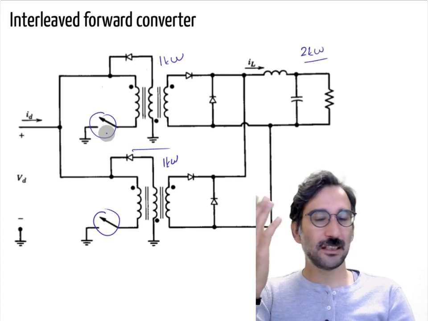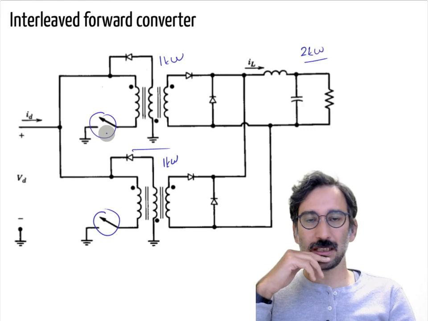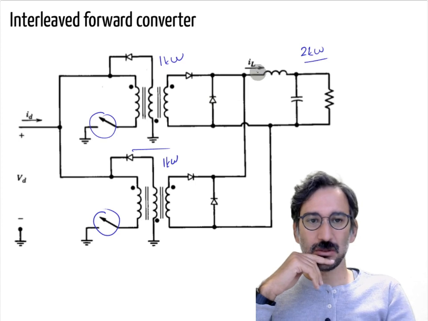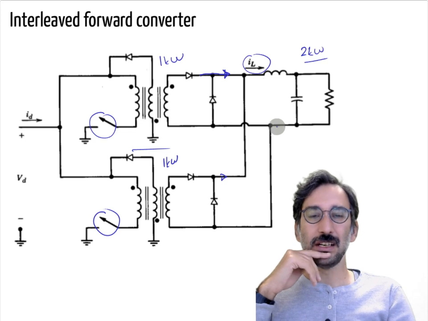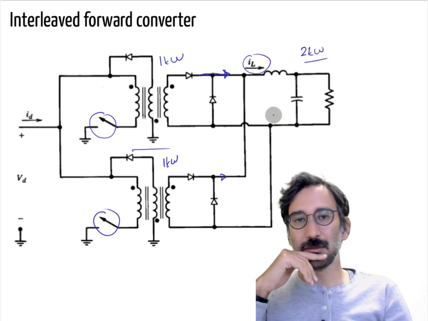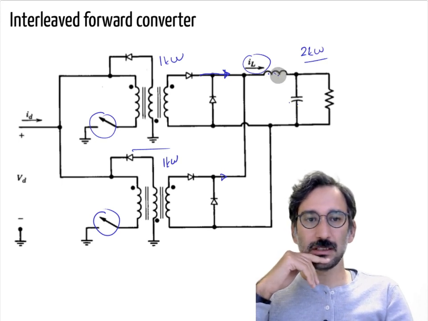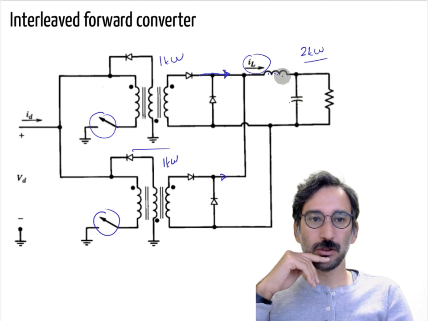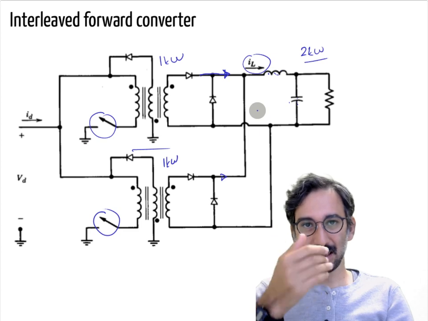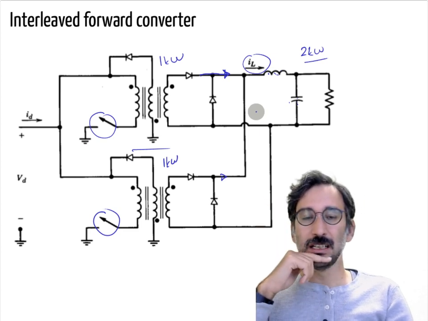Let's say you are operating at duty cycle 0.5 and you shift them. Whenever one is supplying current, the other is off, and vice versa, so you will have a really low ripple current, and in an ideal case you can have almost DC current. That means you can reduce the size of these two components quite significantly, or with the same inductance and capacitance values, you will have much less ripple.